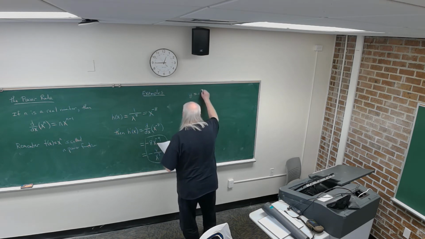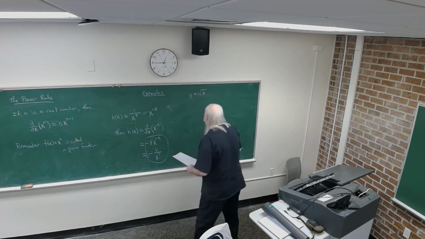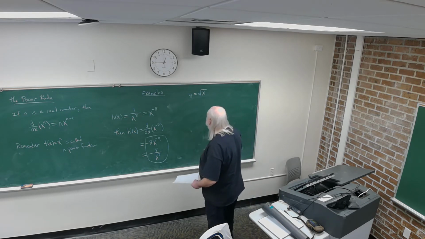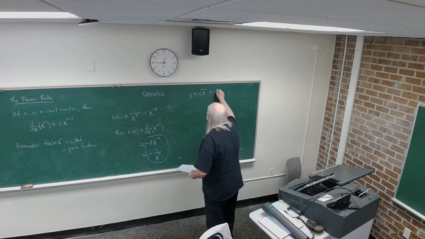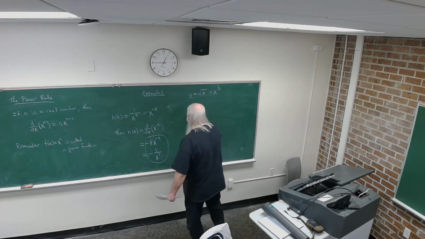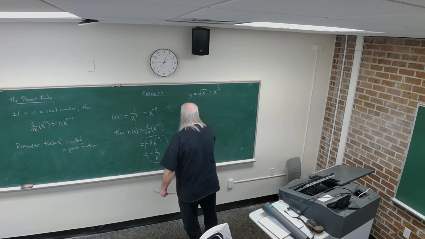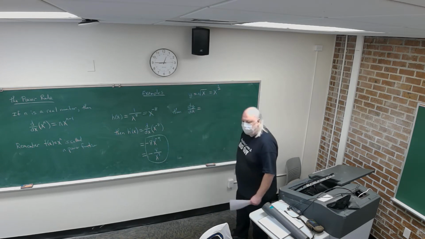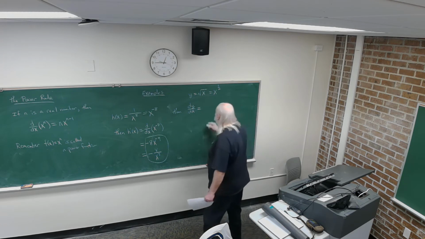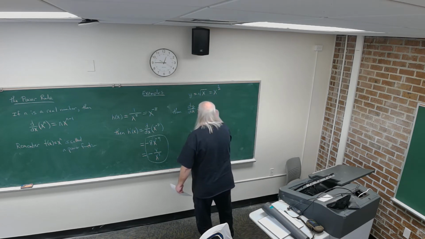y equals the square root of x. What's its derivative? Well, you know square root of x is x to the 1/2. So the derivative of y with respect to x: bring the 1/2 down from the x, subtract 1 from the exponent, you have 1/2 times x to the minus 1/2.